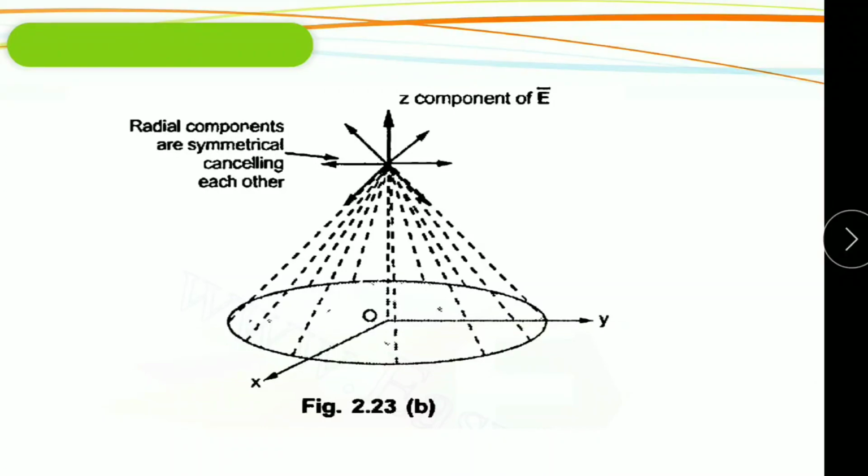When you observe this figure, the radial components are symmetrically cancelling each other. That means it has only components along z, so we have to take only the component of electric field along z.